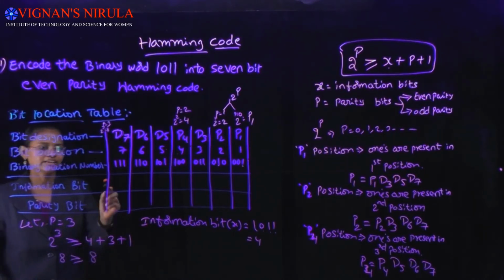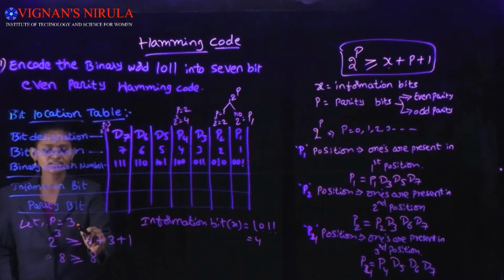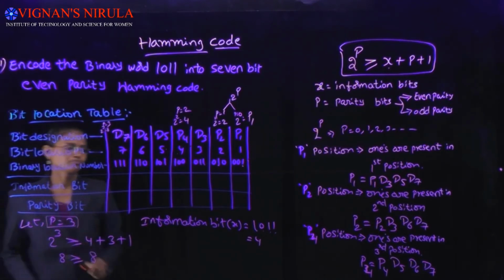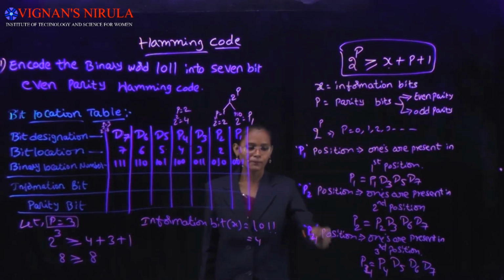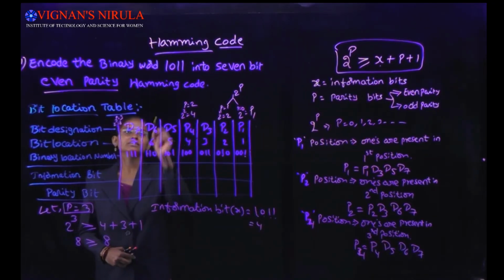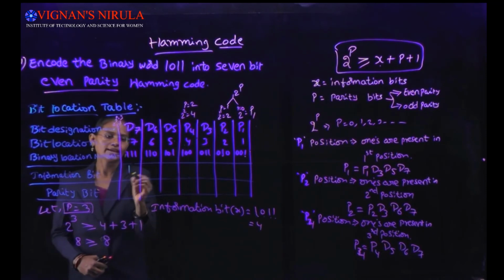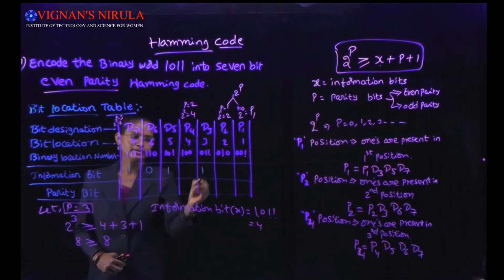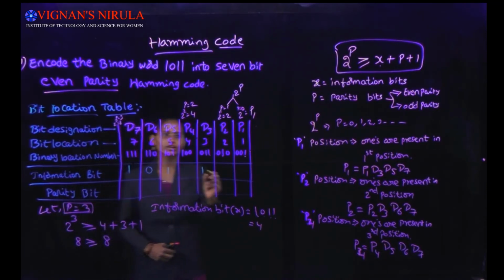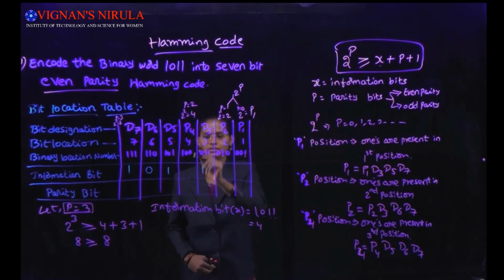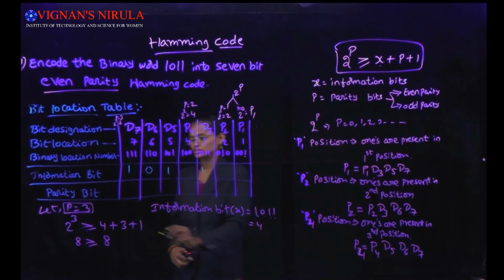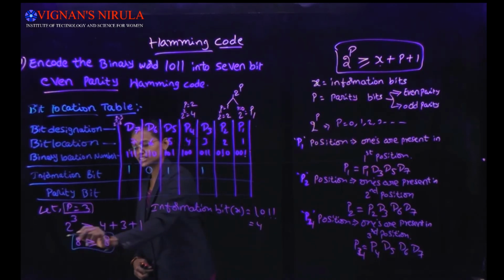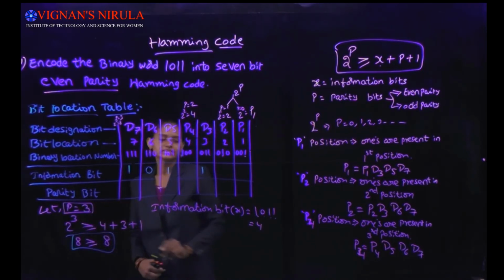In the given problem P is 3, so the parity bits are P1, P2 and P4. The information bits are 1011. This satisfies the condition, so P is 3.